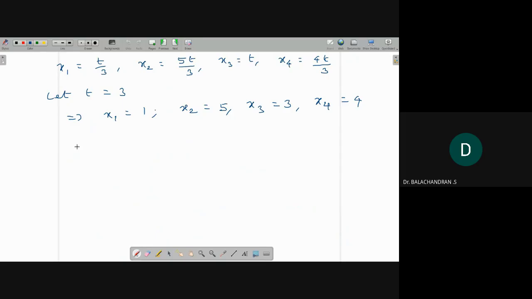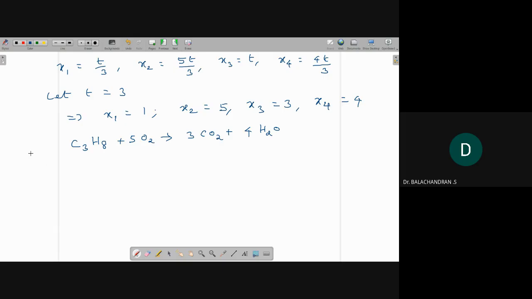So C3H8, for x2 you have 5 O2, which gives, x3 is 3, 3 CO2 plus 4 H2O.